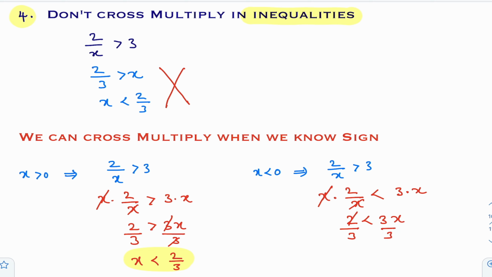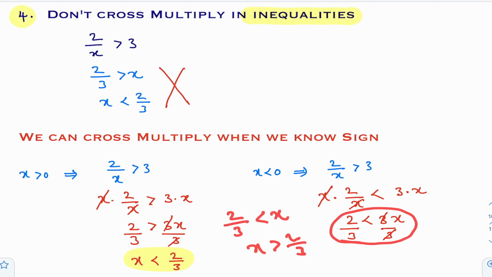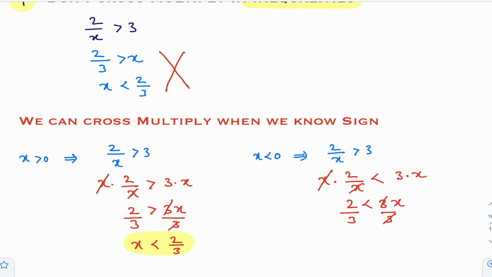Now see what happens. This 3 will get cancelled. What you got here is 2 by 3 less than x, which can be written as x greater than 2 by 3, right? So you got that x is greater than 2 by 3. Observe these two solutions.